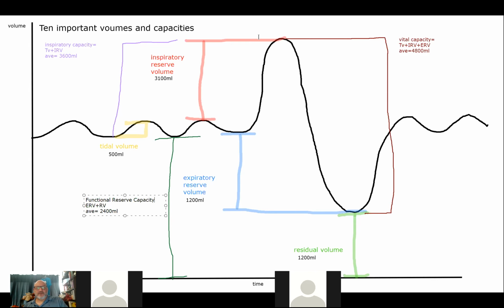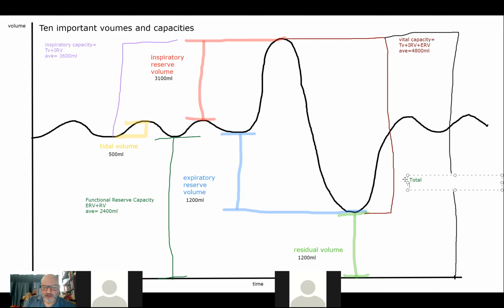I want that to be dark green. No. So notice I can actually calculate the total amount of air that would be in my lungs if I took a maximal inhalation. And that is my total lung capacity.